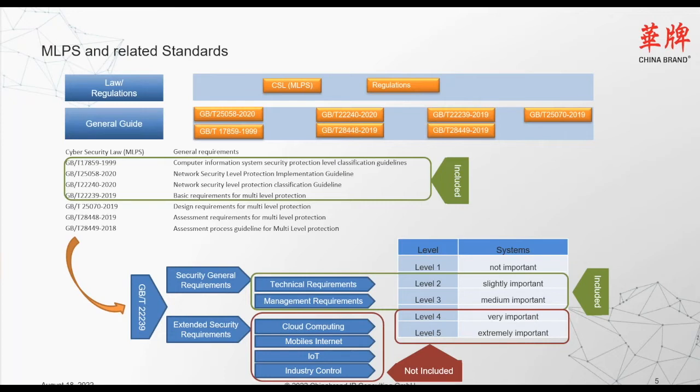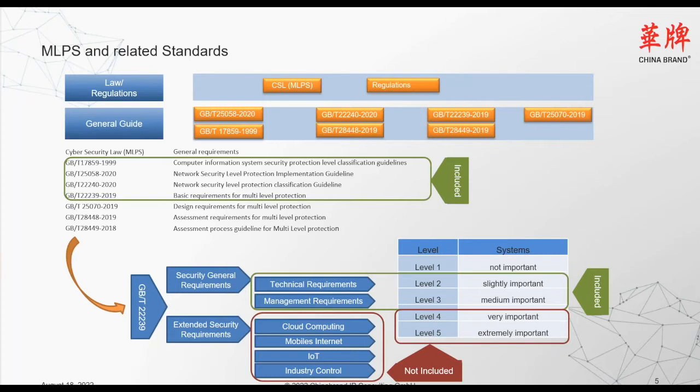And most Western companies engaging in business in China will have systems from level 1 to level 3. We won't be talking about level 1 because for level 1 systems, actually the MLPS is not necessary. So we will be talking about the requirements for level 2 and level 3 systems.